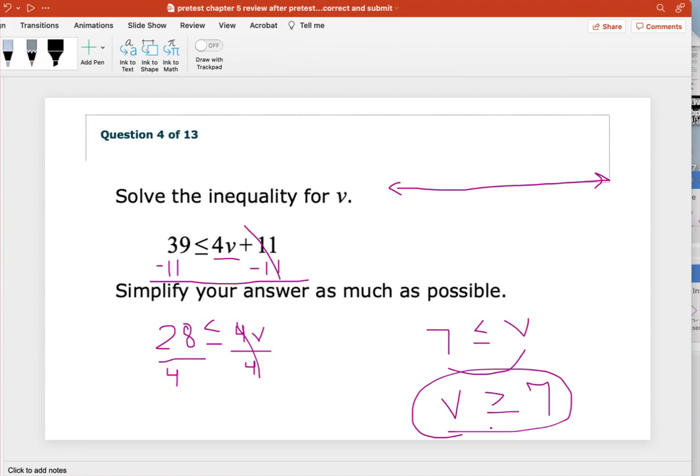However, we usually do try to put a graph on an inequality. So let's make one. Here's your 7 way over here. Since it's greater than or equal to, we're going to use the closed circle. And V is greater than or equal to 7. So that would be a good graph.